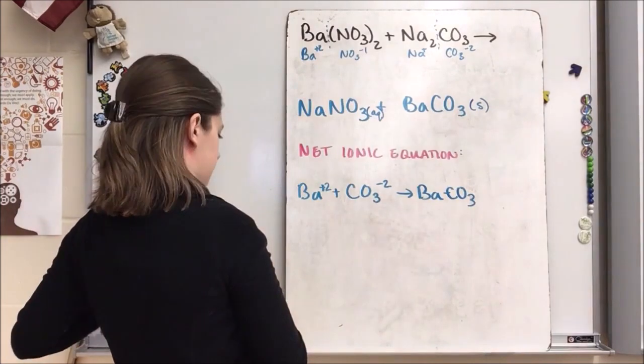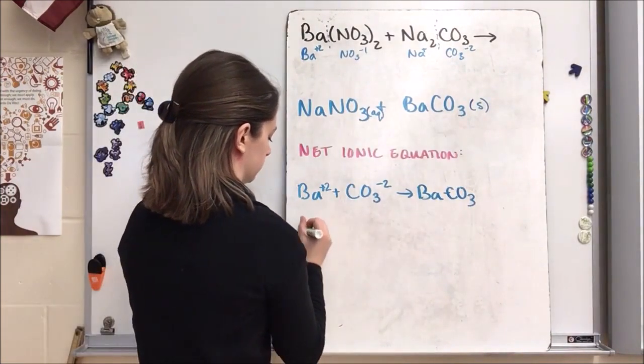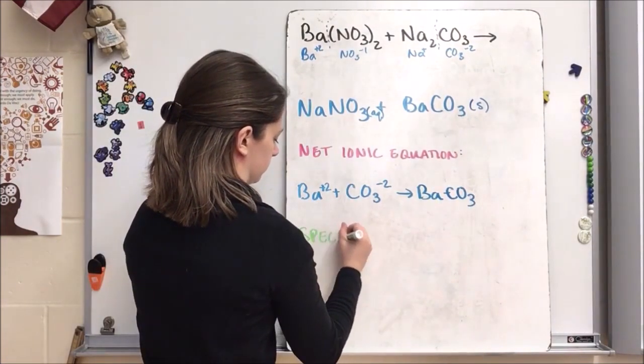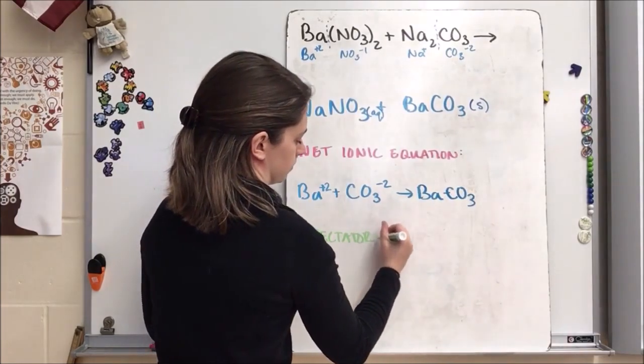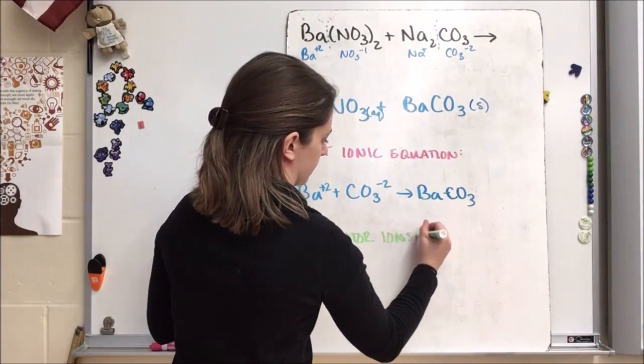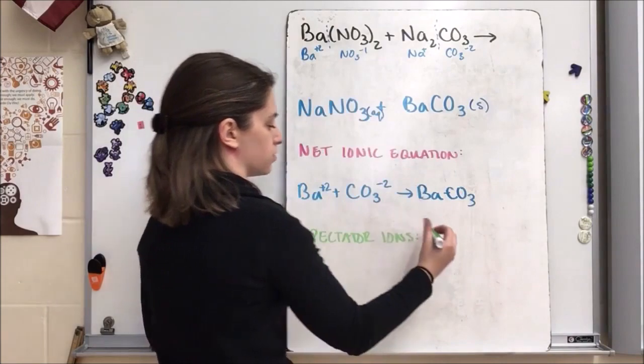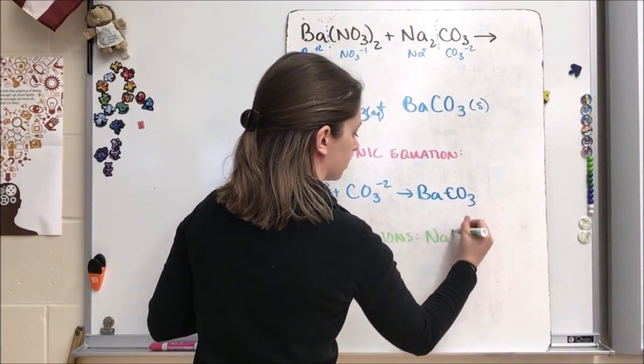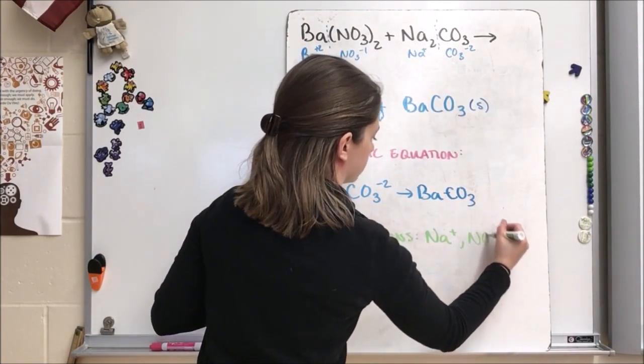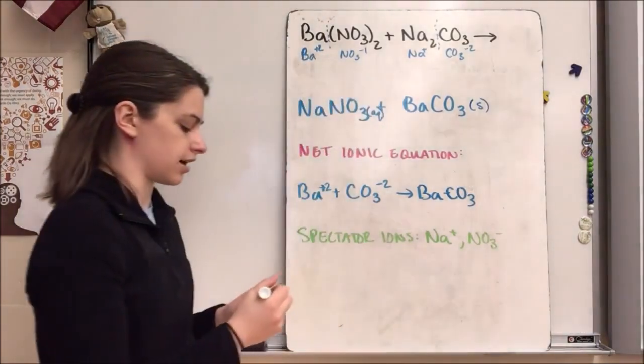Which means my spectator ions are going to be the other pieces. So sodium is a spectator ion and nitrate is a spectator ion.